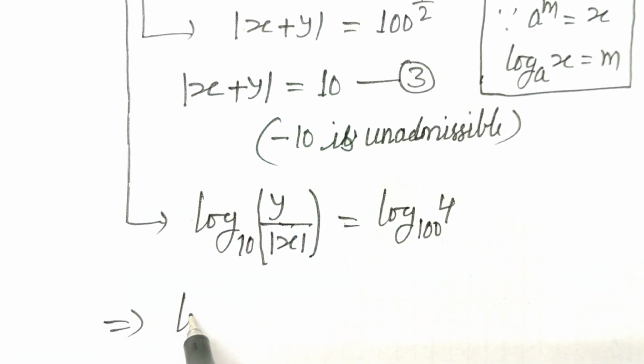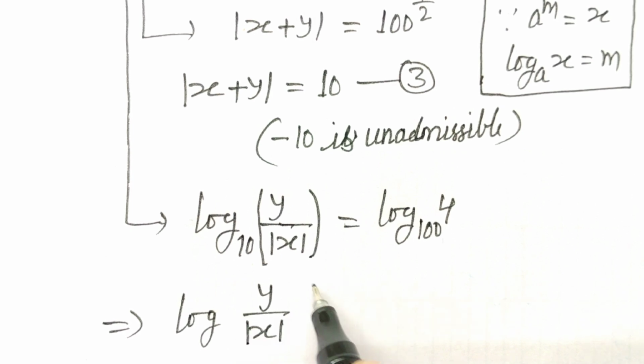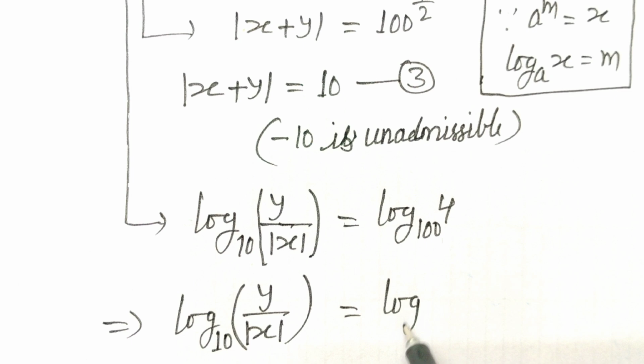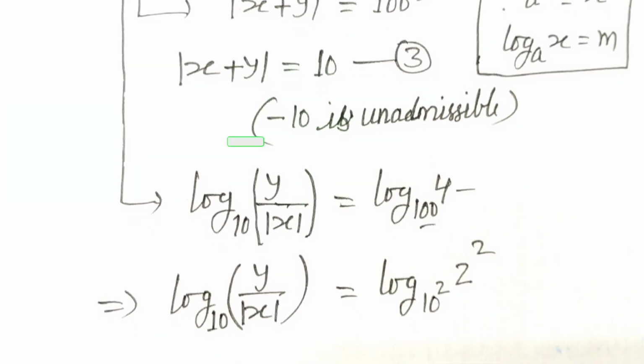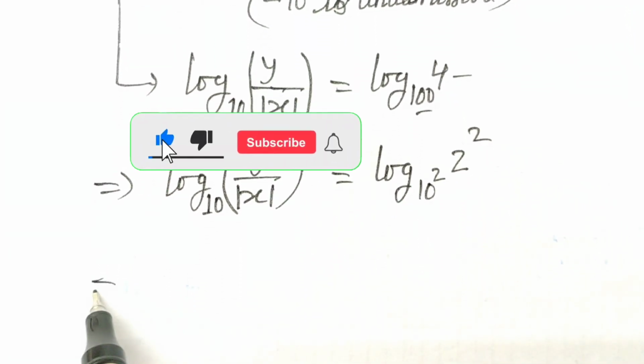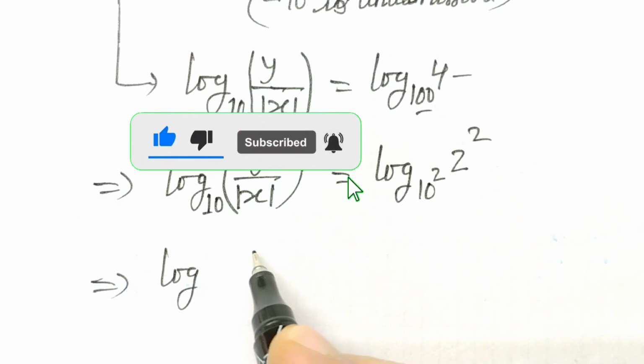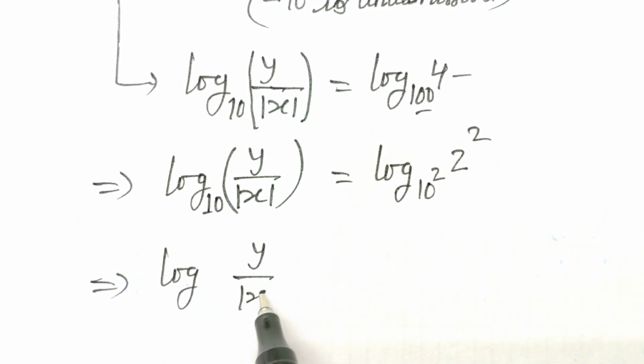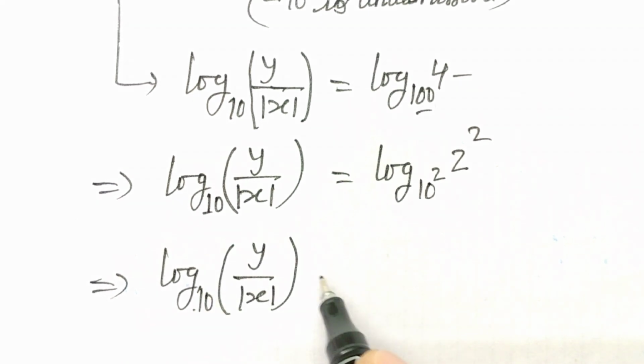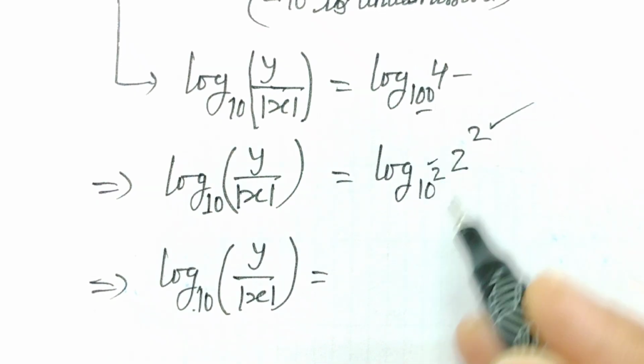Now log of y over mod x base 10 is equal to log of 4 to the base 100, that is log of 2 squared and 10 squared. So log of y over mod x base 10 is equal to 2 over 2.